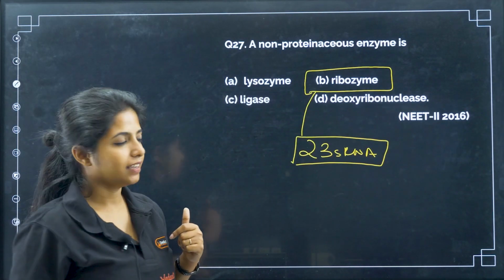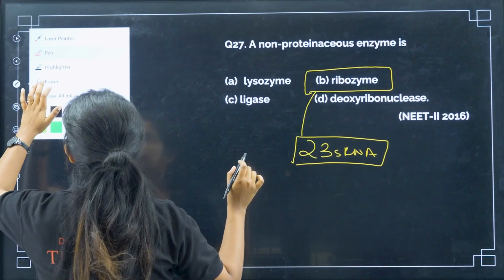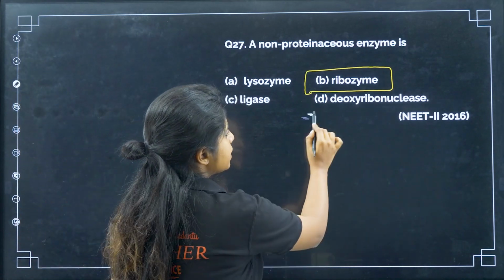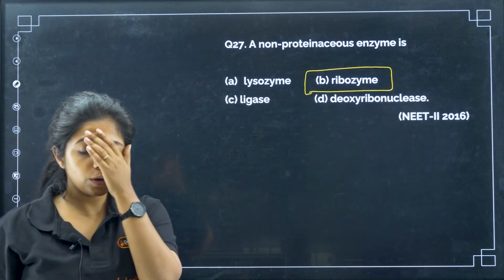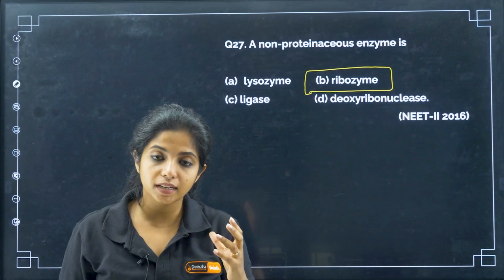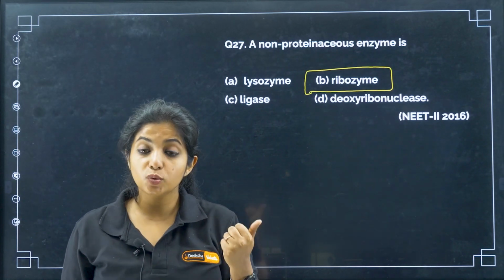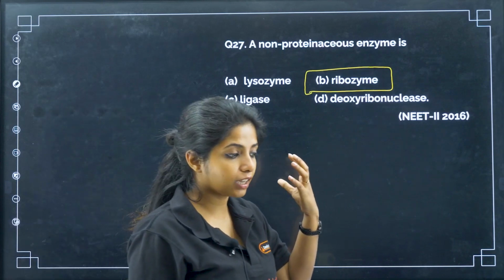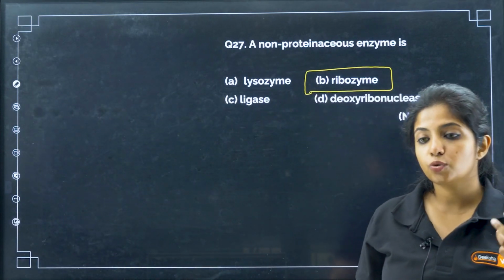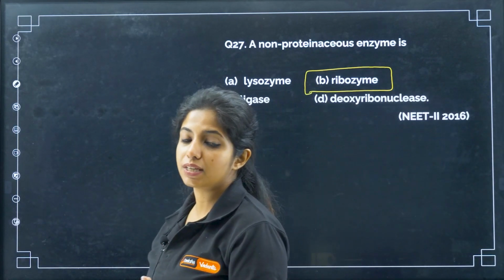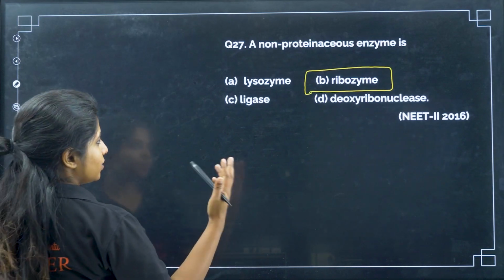Remember, my dear children, it's there in the case of prokaryotes. They are basically RNAs, and they are going to act like enzymes, which is why we say RNA acts as a genetic material and also as an enzyme. So ribozyme is a non-proteinaceous enzyme.